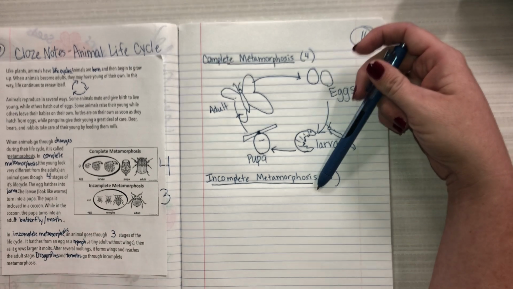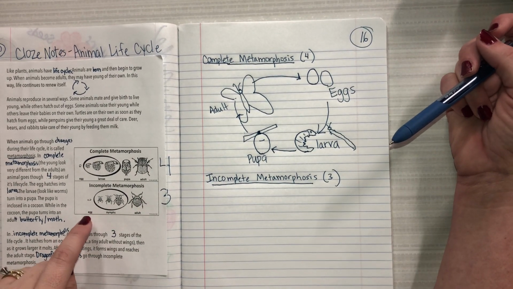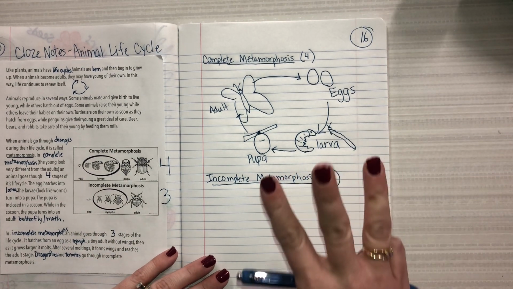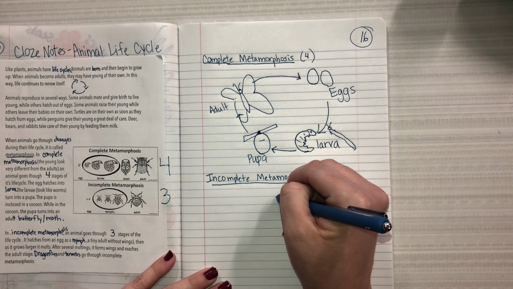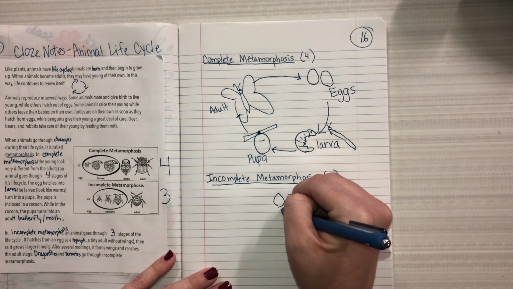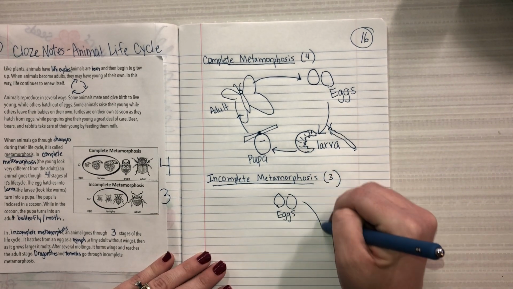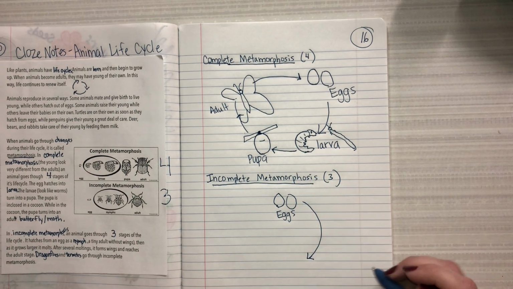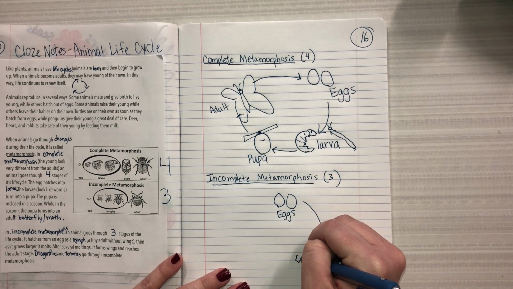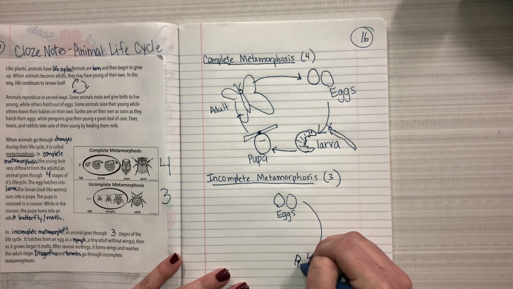When you move on to the incomplete metamorphosis, you can use this as your guide again. It goes through the egg, nymphs, and adult. So we're going to only make 3 steps. So we might start with the egg. And I'm going to write eggs. And then we know that this is going through 3 steps. So then maybe the nymph, I'm going to draw just what the little beetle kind of looks like, or whatever that bug is right there.